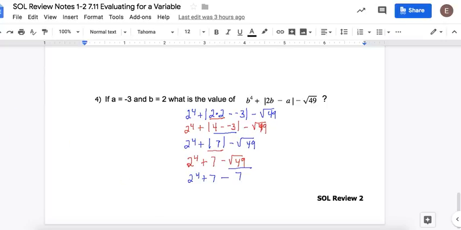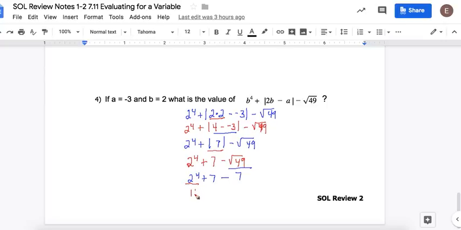Now all our grouping symbols are gone, so now I look for exponents, and I see 2 to the 4th power. So remember that means 2 times 2 times 2 times 2. Or, of course, I could use my calculator if you're using the TI-30, 2 y to the x 4 can be used to find 2 to the 4th power.